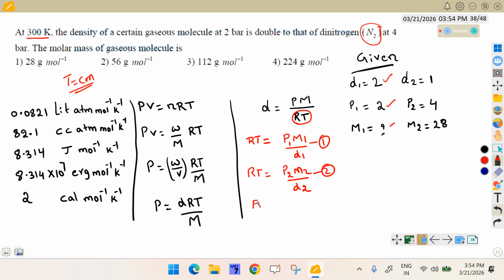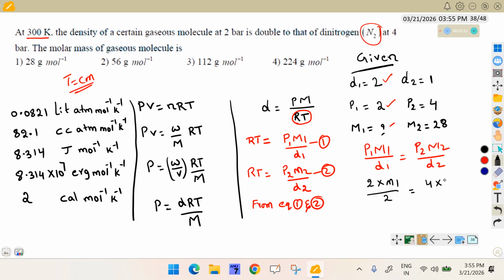From equations 1 and 2, P1 M1 by D1 is equal to P2 M2 by D2. Now simplify. P1 value 2, M1 value is the question, D1 value is also 2, P2 value 4, M2 value 28 by 1. The 2s cancel, then M1 is equal to 2 gram per mole.